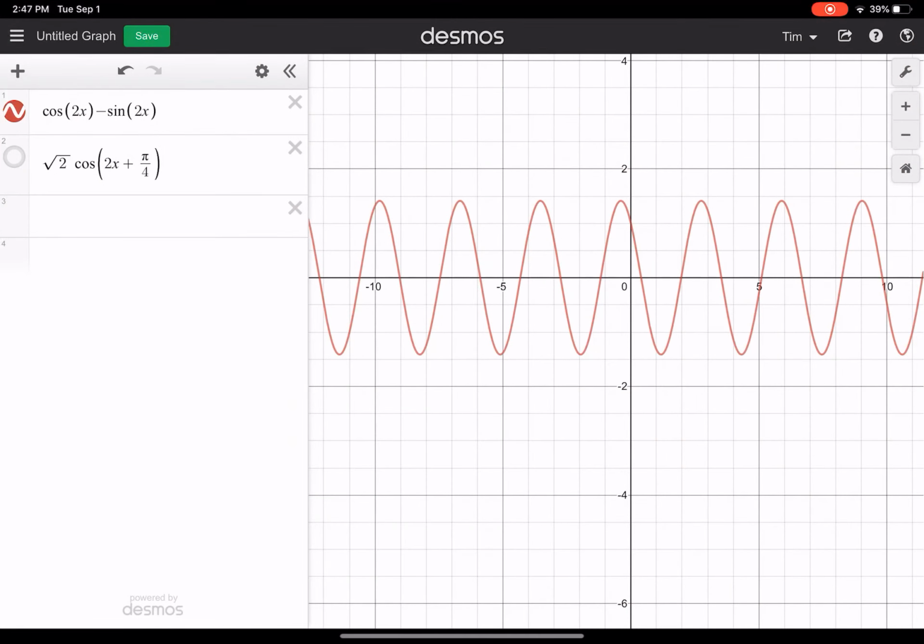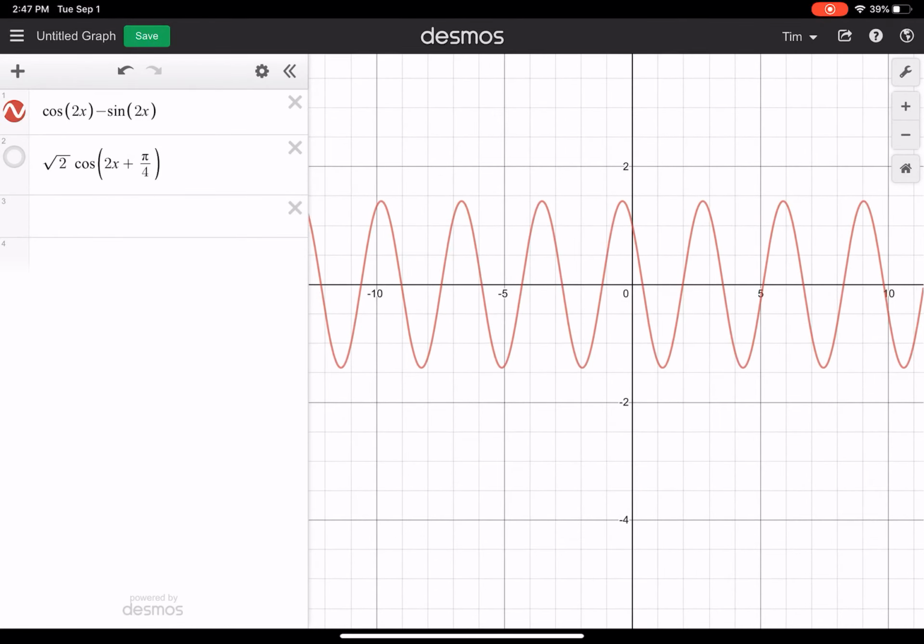Here I've plotted cosine of 2x minus sine of 2x. It seems that the square root of 2 is a good measure for the amplitude. It does repeat every pi, and it is shifted over to the left by pi over 4. So I'm going to superimpose the single cosine that we got on top of it, and notice that I get the same curve.